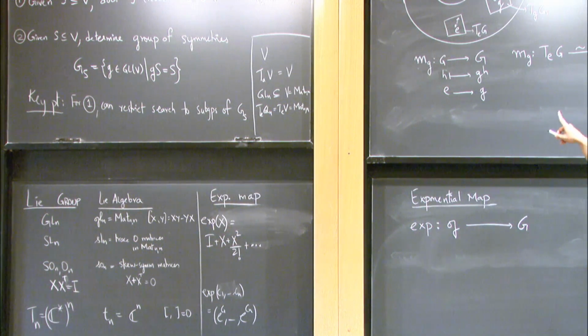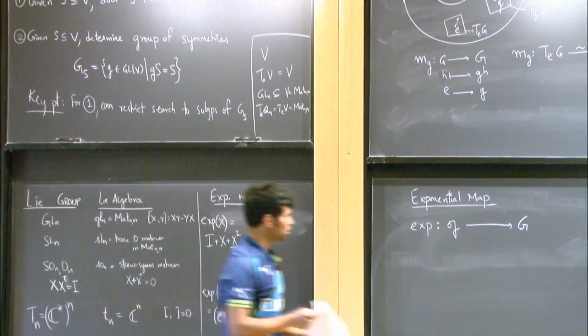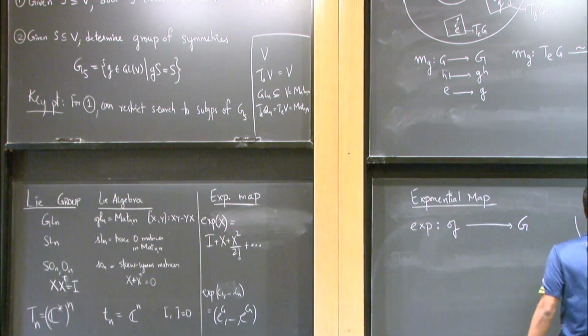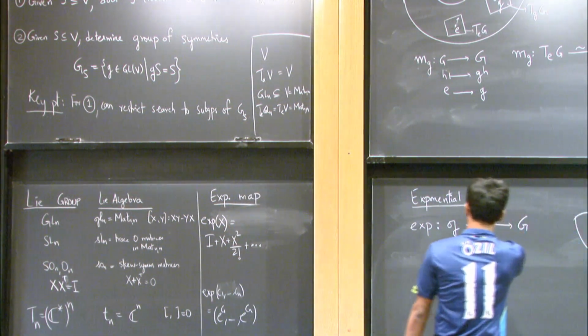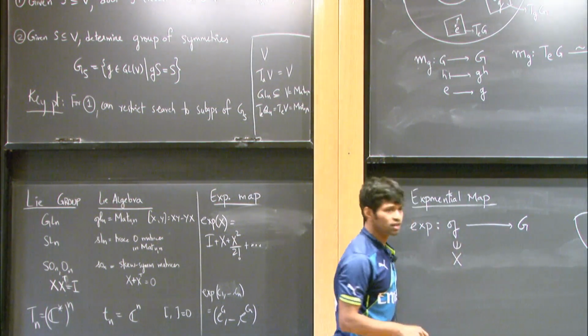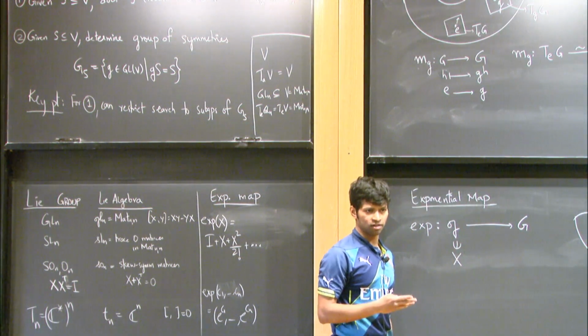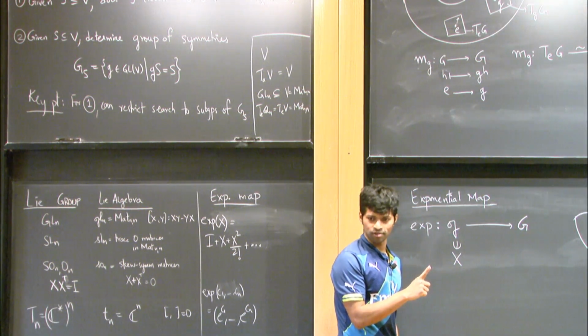You have this tangent space at the identity, right? So let me get this picture right. I'll always mess it up. So you have the identity, and let's say I take something in the Lie algebra. It's a vector field, but it's also determined by what vector I gave at the identity.